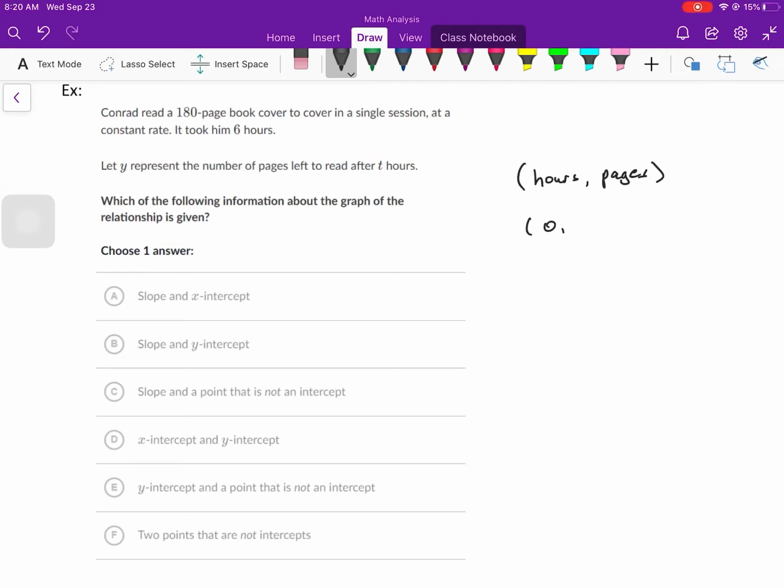So in 0 hours, he would have 180 pages left, right? Because y is the number of pages left to read, so there's 180 pages left to read before he even reads it at all. And then at a constant rate, it took him 6 hours to read the book, so after 6 hours, there's no more pages. So what you can see there is this is both the x and the y-intercept.